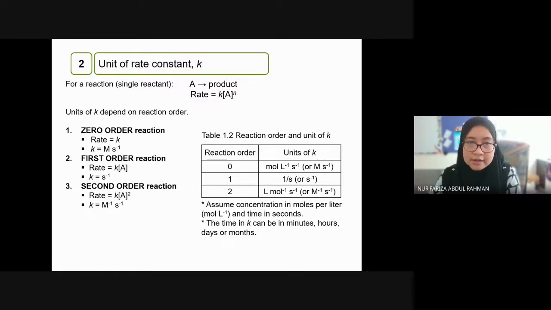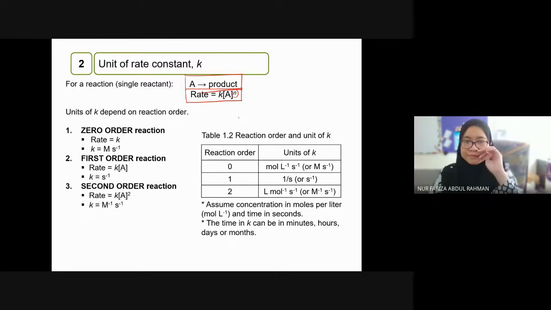We can write the general rate law of this reaction as rate equals k[A] to the power of n. So n can be 0, n can be 1, and can also be 2.